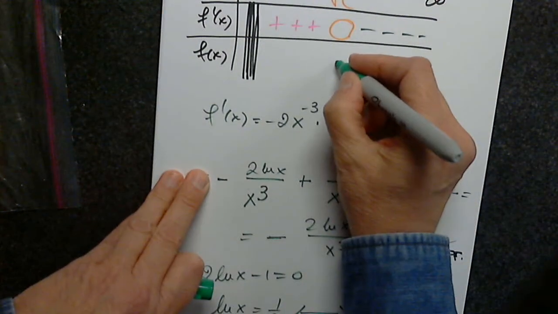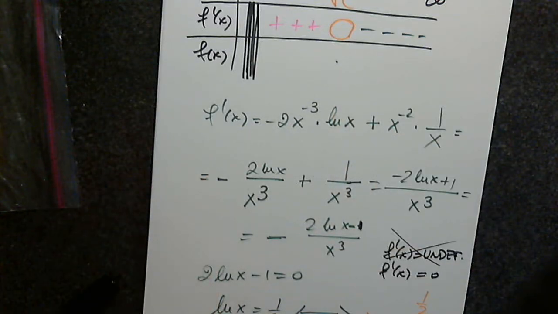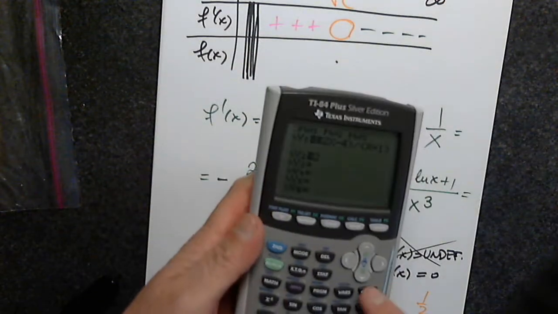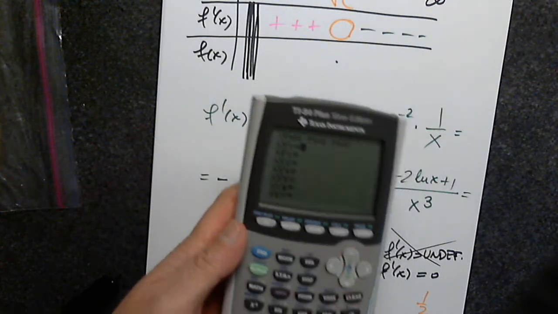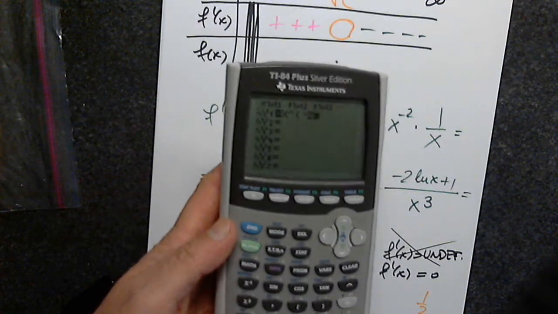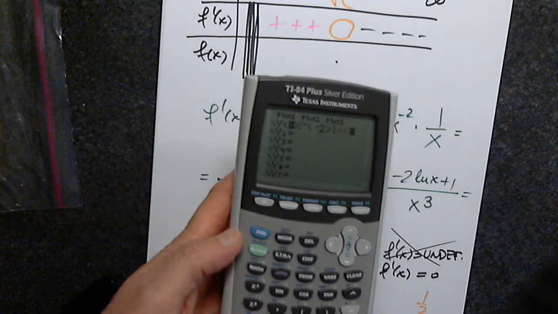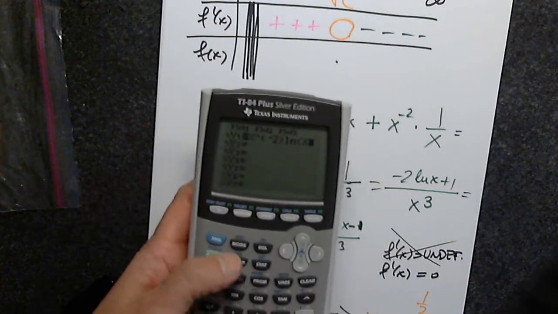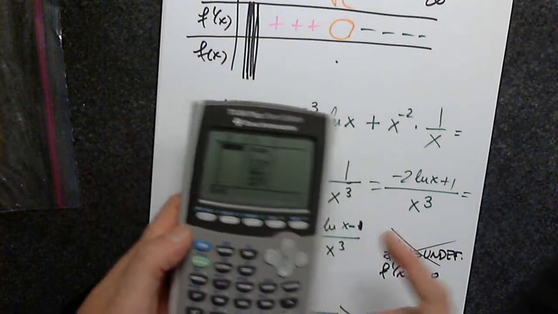Now I have to determine this number. So in the original function, which was x to negative 2, I'll plug it in. So I have x power negative 2 and multiply by natural log of x and go to second and table.